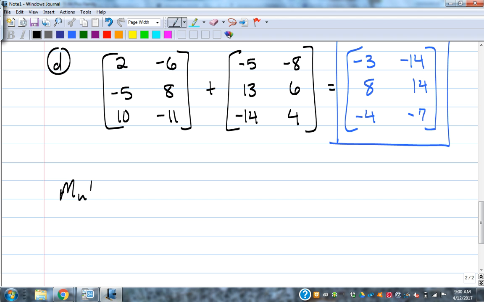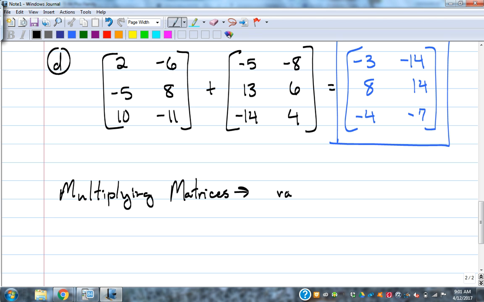Multiplying matrices. Does anybody remember the rules for multiplying matrices? They do not have to be the same size. You would think they would, but they don't. Actually, there are times when they are the same size and you can't multiply them. It's columns in the first one. When you name the size of a matrix, it's number of rows by number of columns.